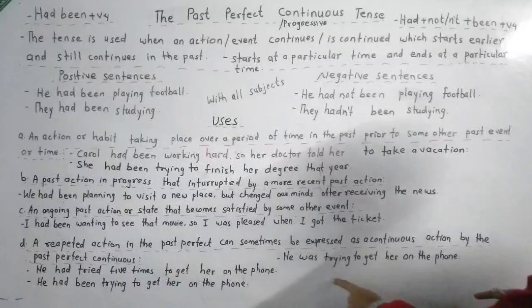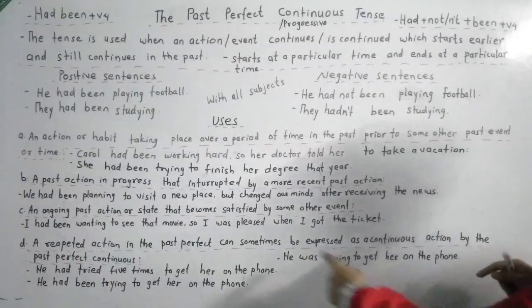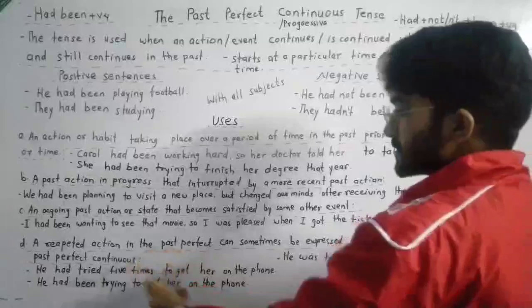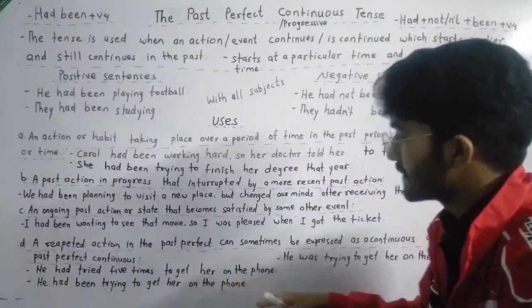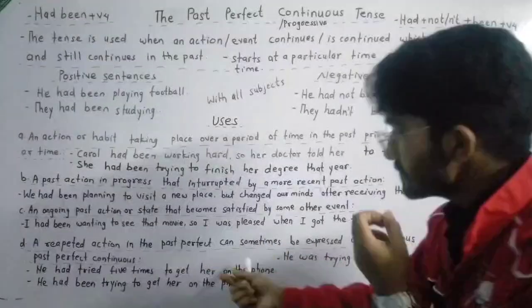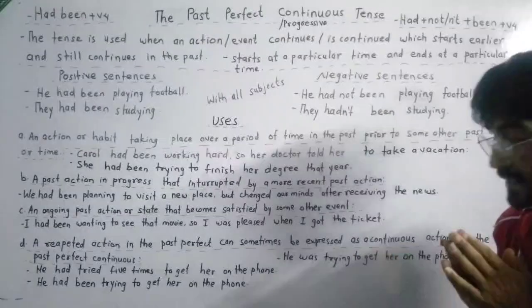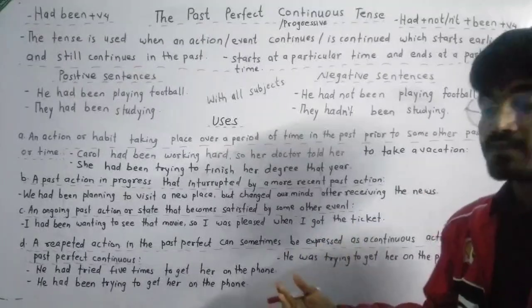See, he was trying to get her on the phone by the past perfect continuous. See, he had been trying to get her on the phone. It means a repeated action in the past which can be expressed as a continuous action.